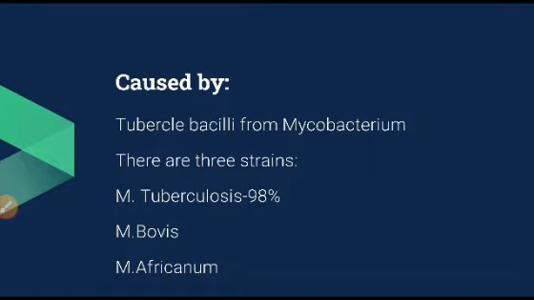Infants, adolescents, and immunosuppressed people are more susceptible to the various severe forms of this disease, such as miliary TB and meningeal TB. Pulmonary TB is more common than extrapulmonary.